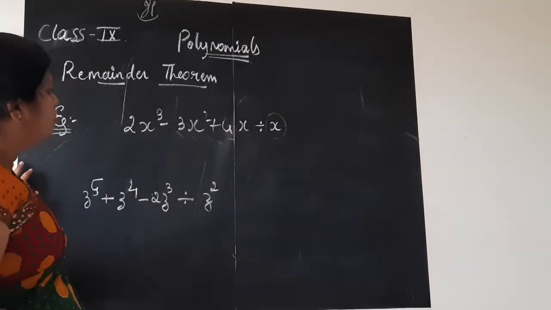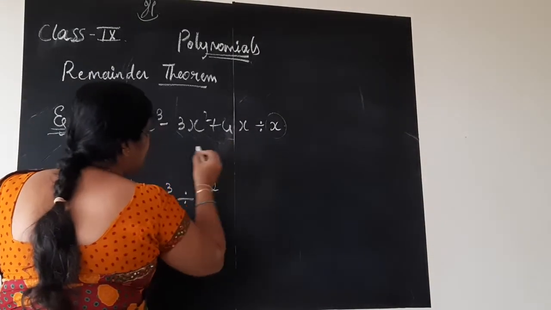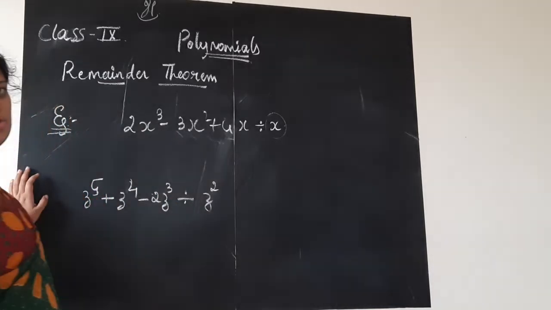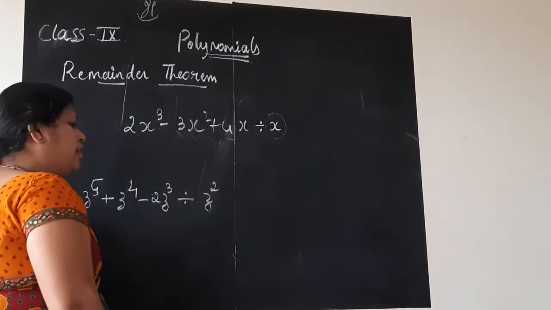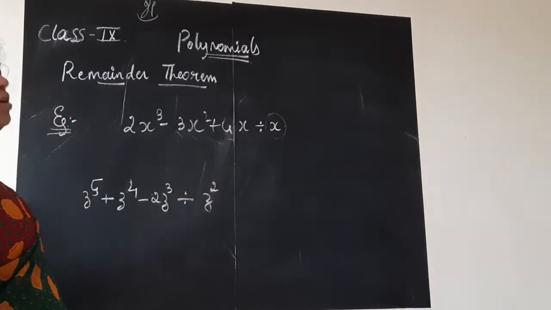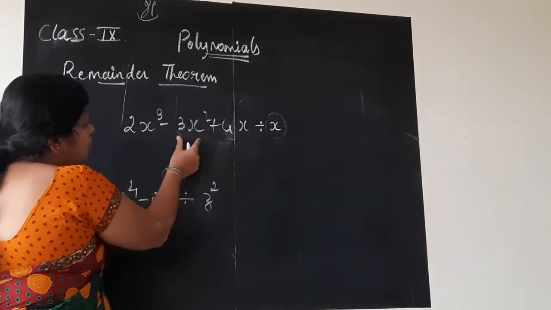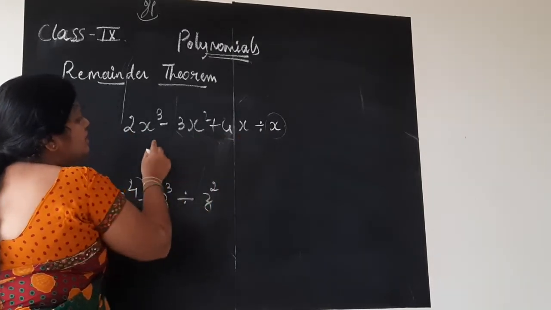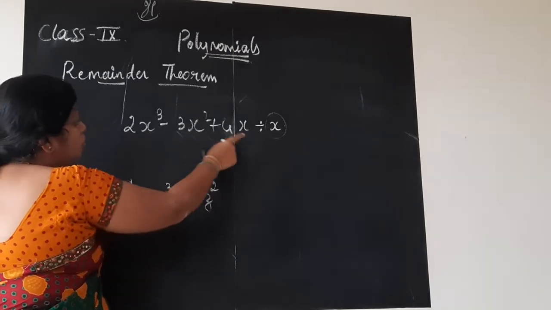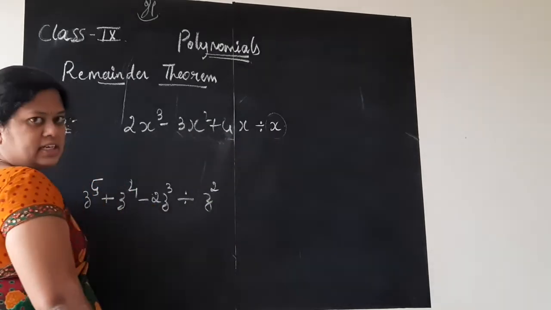Divided by means we write the whole term, draw one line, and write x below. Here, what we should do is consider each term and divide it separately by x.